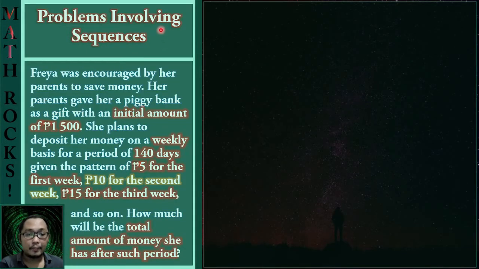And now let us proceed with the problems involving sequences. For our first problem, Rhea was encouraged by her parents to save money. Her parents gave her a piggy bank as a gift with an initial amount of 1,500 pesos.